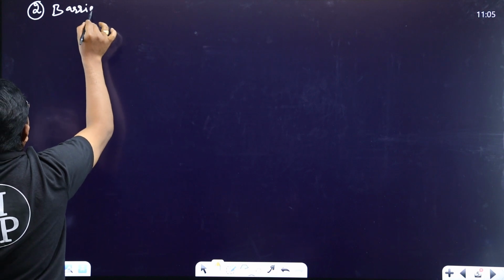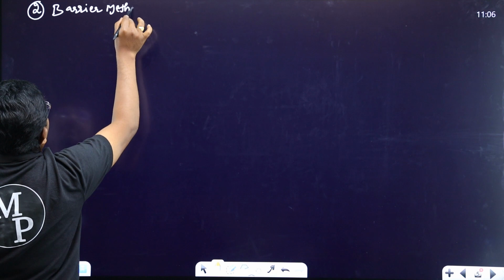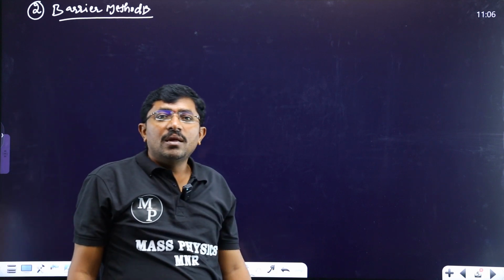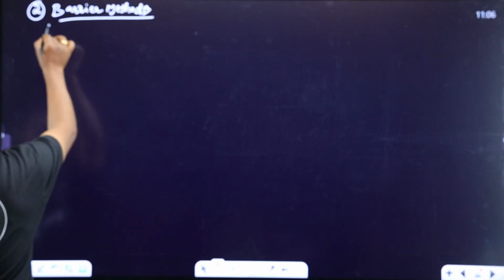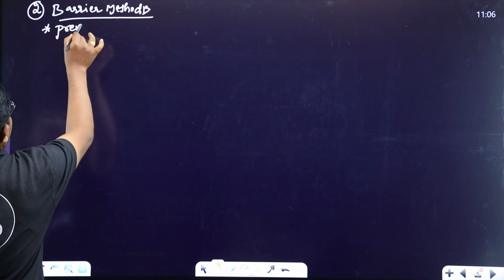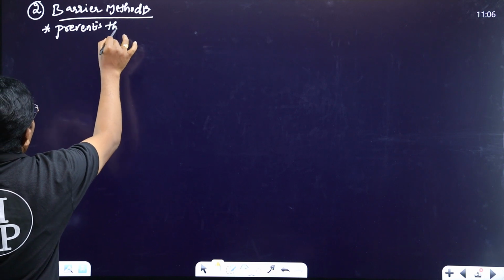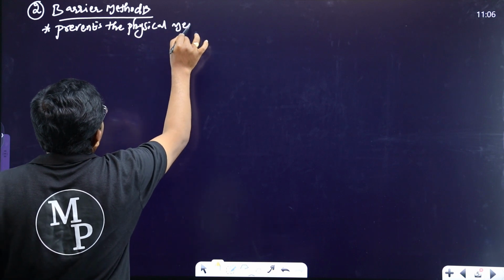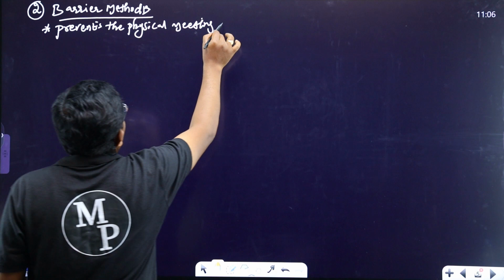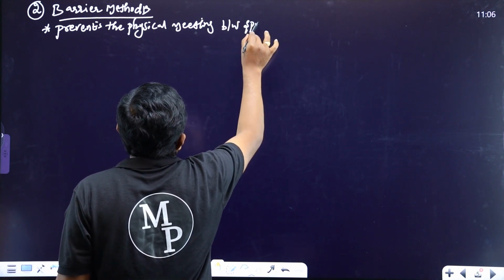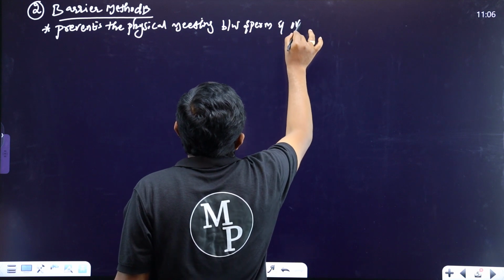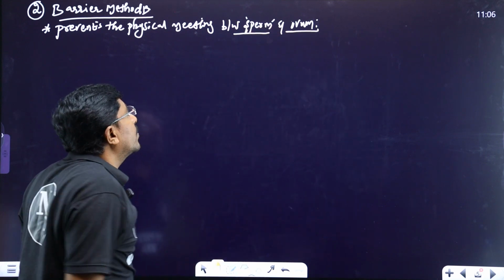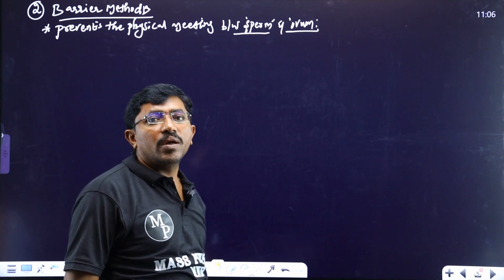These barrier methods prevent the physical meeting between sperm and ovum.